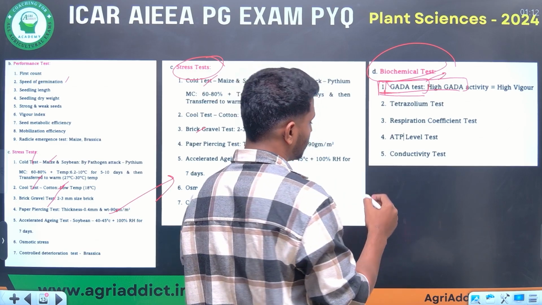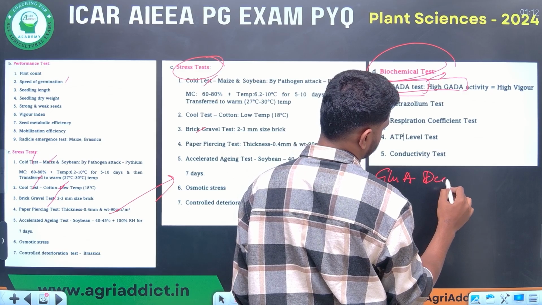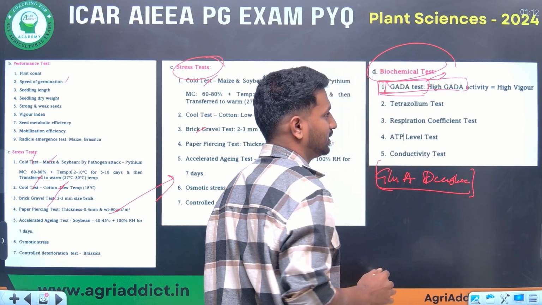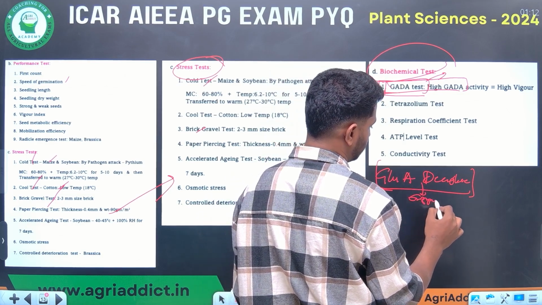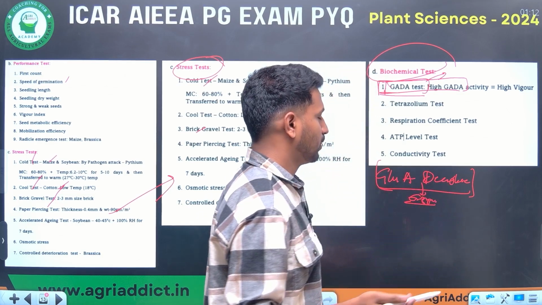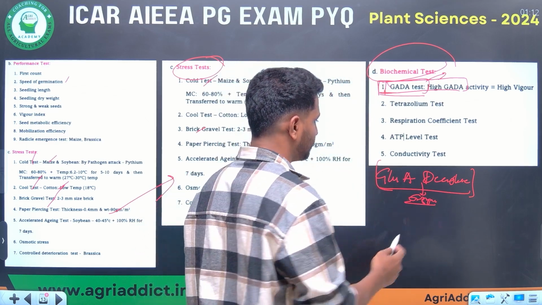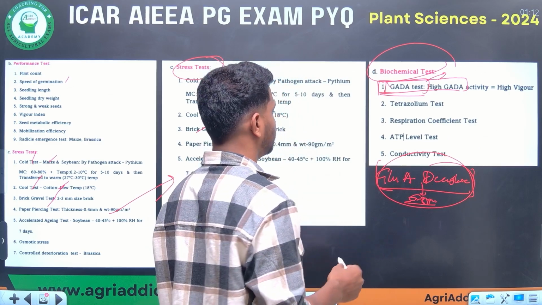Here the GADA test is the glutamic acid decarboxylase test. So what is this test? This is the enzyme which is present in the seeds which are active. If this enzyme activity is more, that means the seeds are highly vigorous. How is this enzyme activity tested?